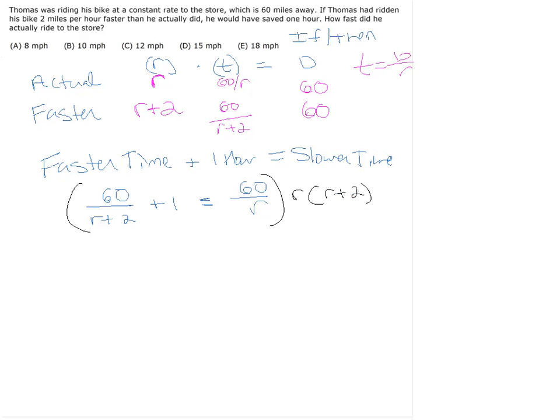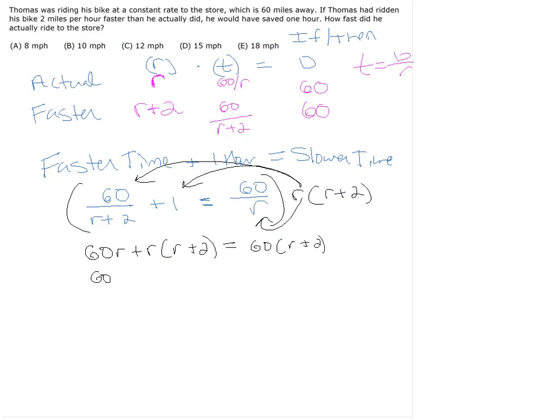Okay, so let's multiply. And remember, we have to multiply this by every term in the equation. And when we do that, we're left with 60r plus r times r plus 2 is equal to 60 times r plus 2.